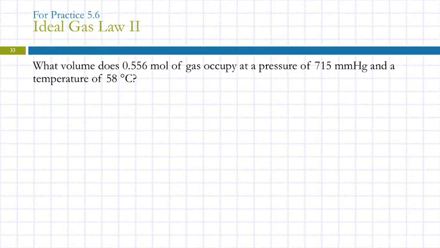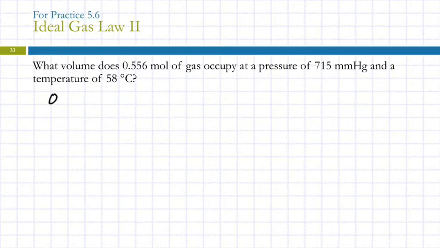Let's do another one. What volume does 0.556 moles of gas occupy at a pressure of 715 millimeters of mercury and a temperature of 58 degrees Celsius? So I read this problem and I recognize, okay, I don't have something changing, so I don't really need to make a table. This time I'm just going to identify these different variables.